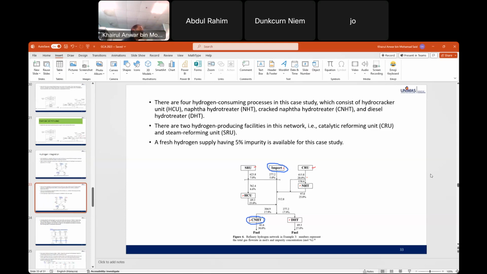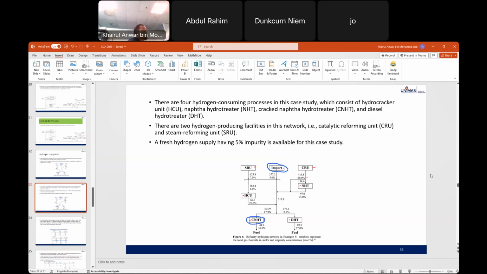Although the method is similar, composite curve, then you learn about sink source diagram and cascade, the way it chooses the stream is different.